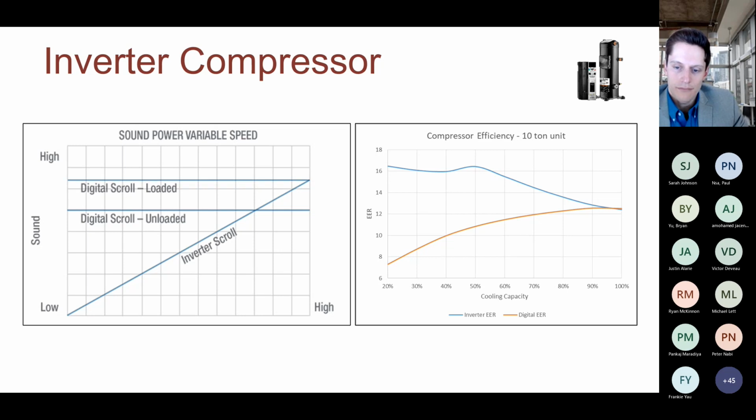So actually, a digital is a little bit more efficient at 100%. But again, at all part load conditions, an inverter compressor is way more efficient. So that's really the reason why we're seeing more inverter compressors: low sound and much more efficiency.